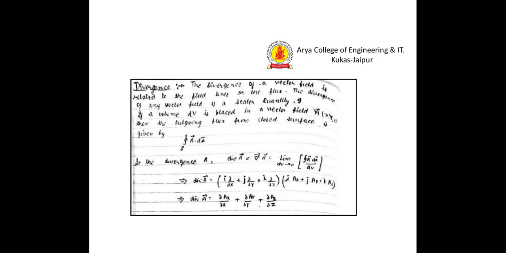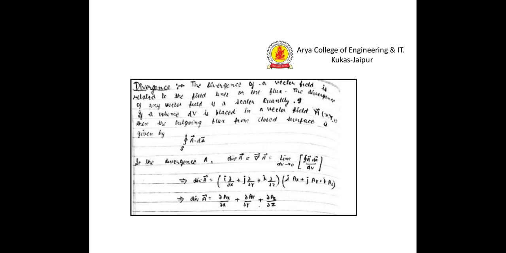Here we put a circle on the integral sign. This represents that this integral is done for a closed surface. So the divergence of A is equal to del dot A vector.